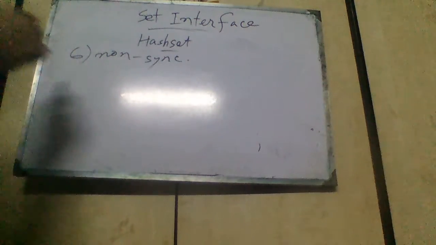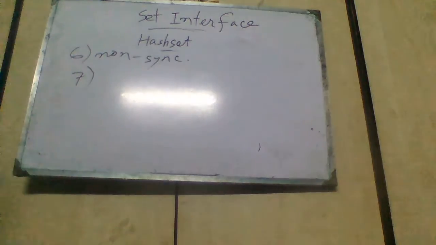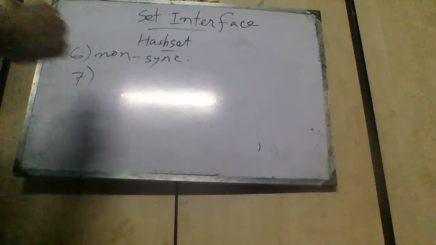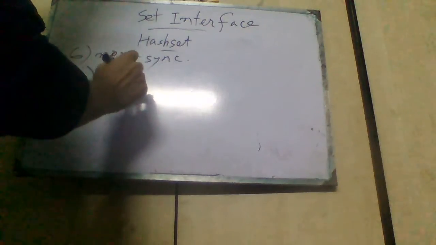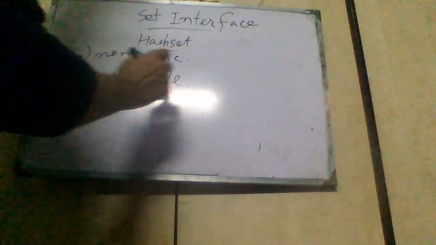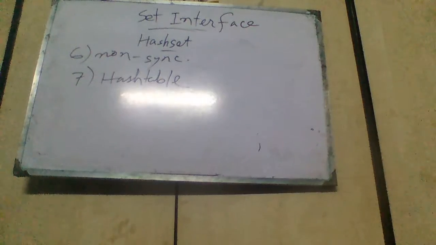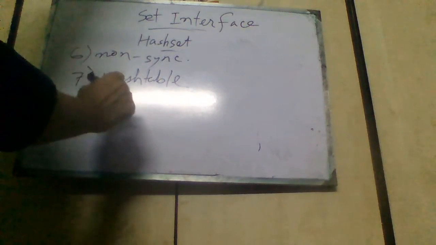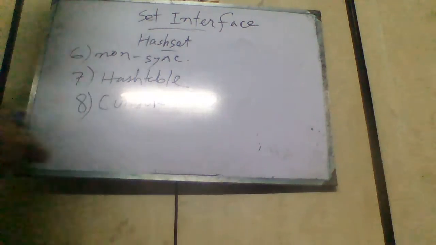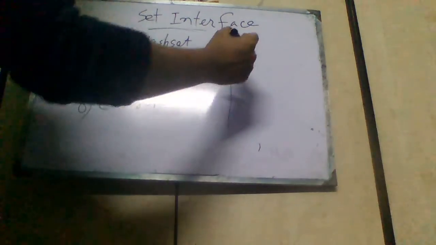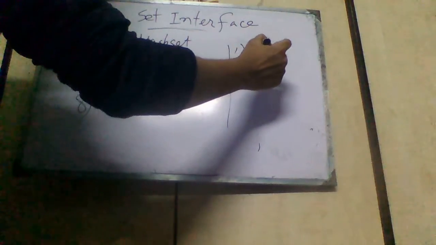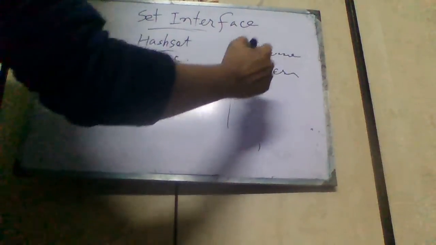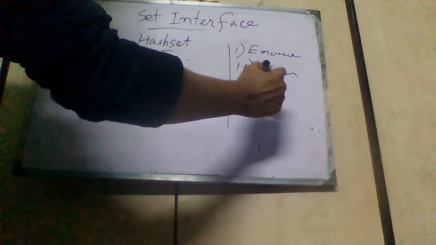Number seven is the underlying data structure is hash table. Number eight is cursor. We already know that there are three cursors. Number one is Enumeration, number two is Iterator, and number three is ListIterator.